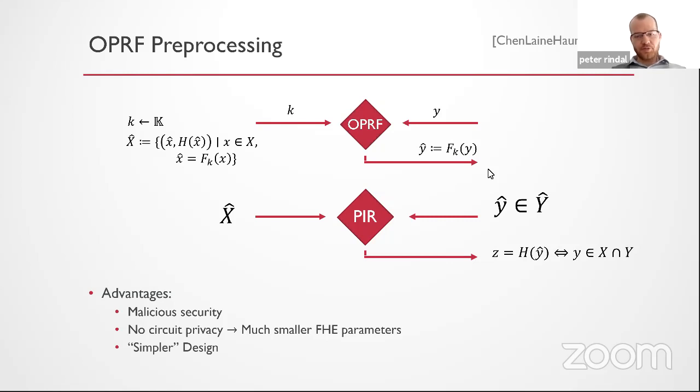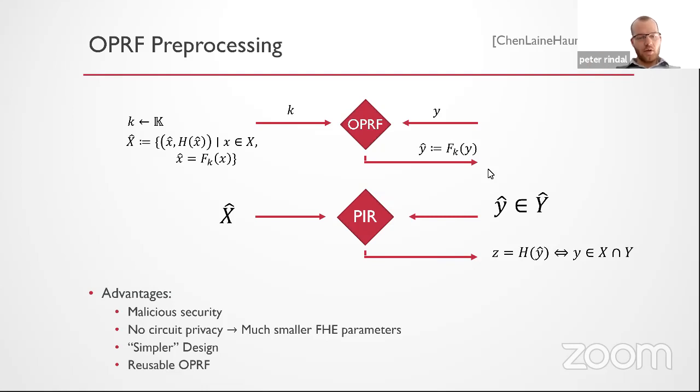And sort of using this PIR abstraction, we kind of get a simpler interface. And then the final thing is that some OPRF protocols allow you to sample a key K once, and then you can encode many items.